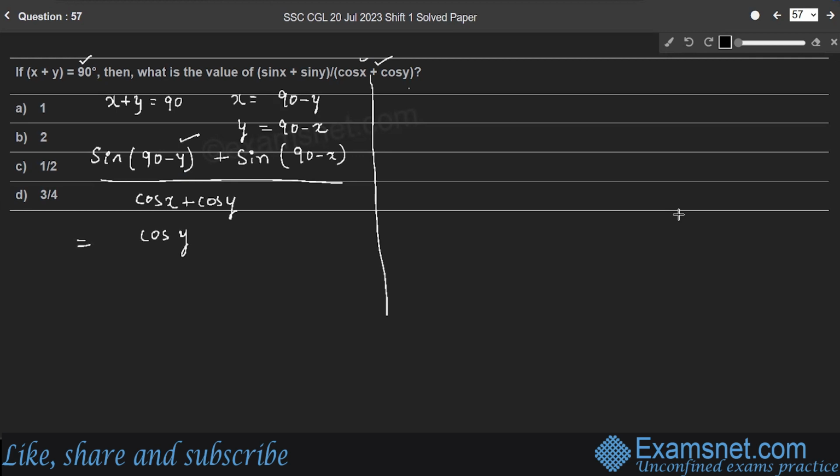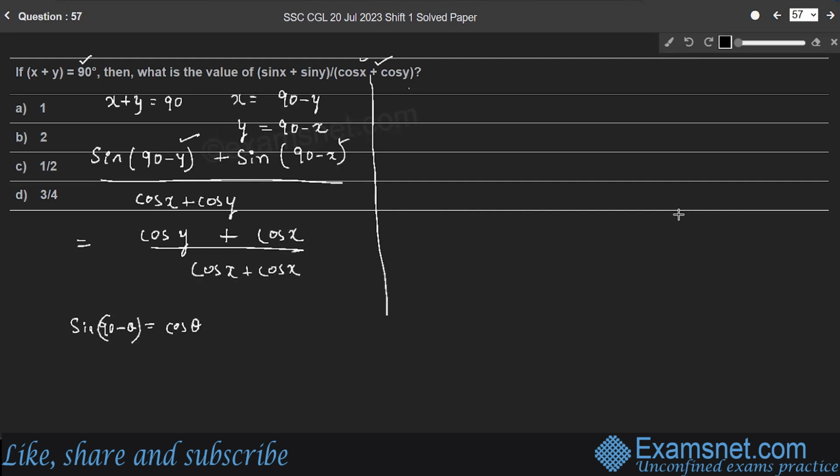So it becomes cos y. We'll write the reason here: sine of 90 minus theta is cos theta. Therefore, sine 90 minus y becomes cos y plus sine of 90 minus x becomes cos x, whole divided by cos x plus cos y.